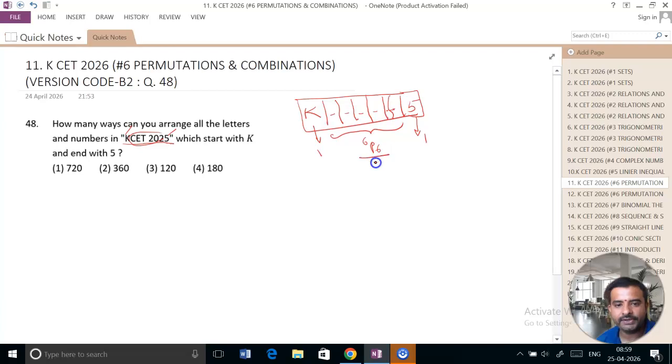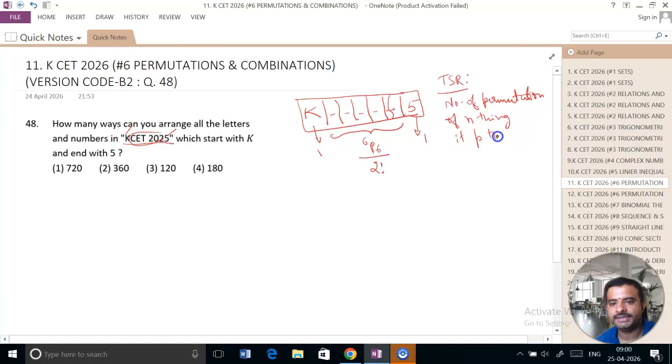So we have 6P6 divided by 2 factorial, because the number of permutations of n things, if p things are repeated, is n factorial divided by p factorial.